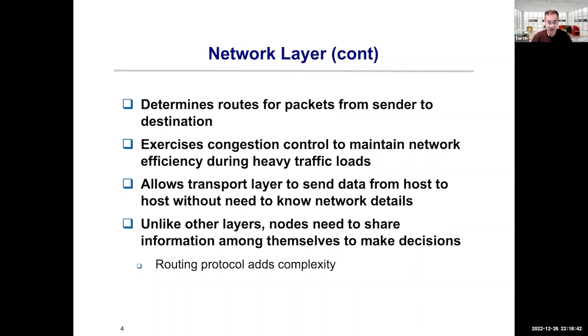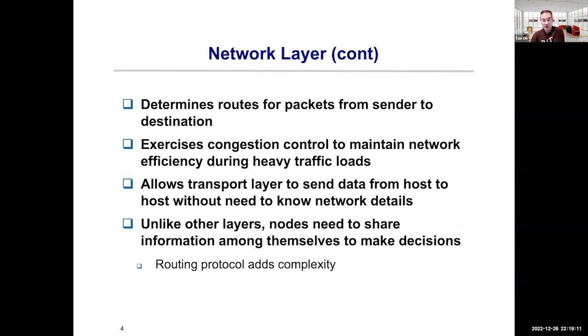So unlike other layers, for the network layer, what it needs is to share information between the nodes. What they call routing updates, or sending periodic updates. When there's an event, it sends out the update. Hey, I'm here. Periodic pinging occurs to make sure that I'm alive or I'm there.